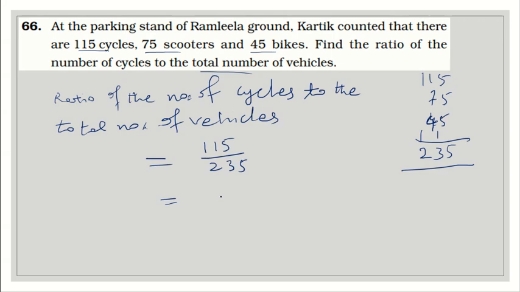When you simplify it by cancelling with their common factor, you will get 23 is to 47. Okay, so 5 is their common factor, so 5 cancelling both of them will give you 23 is to 47. So this is the answer.